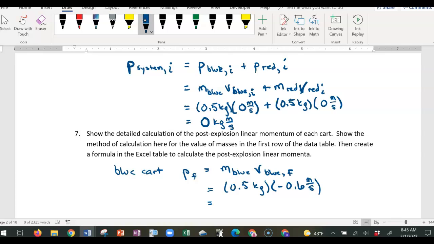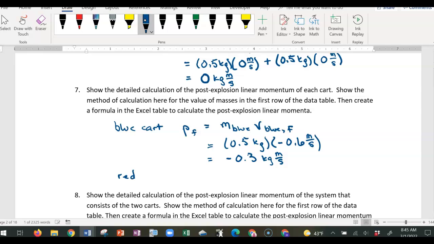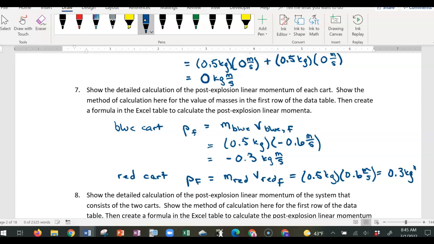And so the blue cart had a final post-explosion momentum of negative 0.3 kilogram meters per second. Similarly, for the red cart, the final momentum would be the mass of the red cart times the final velocity of the red cart, which is 0.5 kilogram times a positive 0.6 meters per second. It moved to the right, and so its momentum was a positive 0.3 kilogram meters per second.